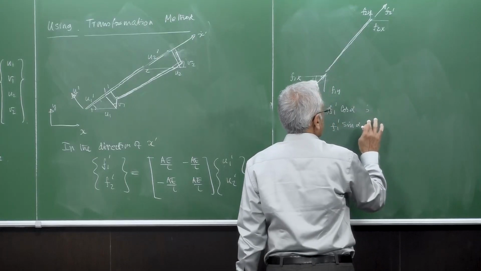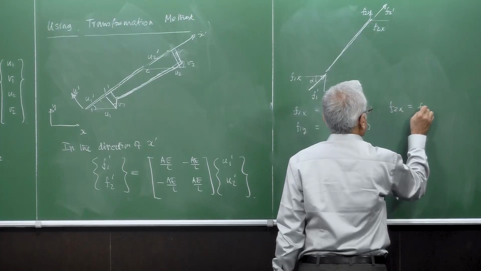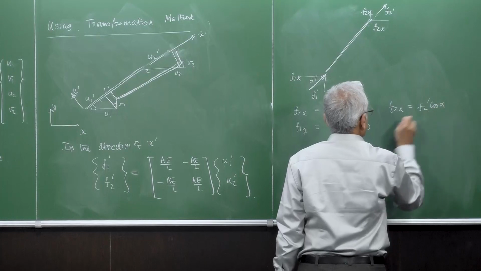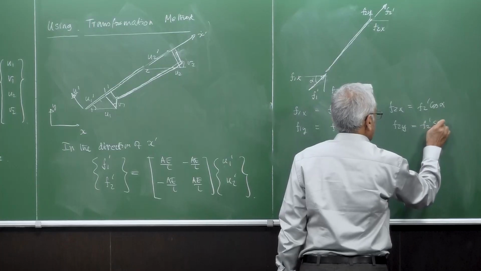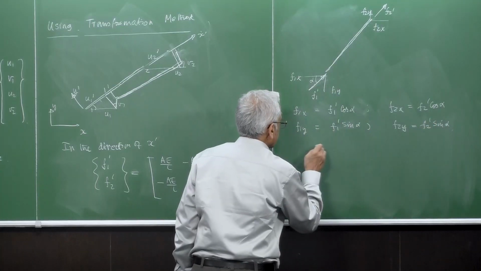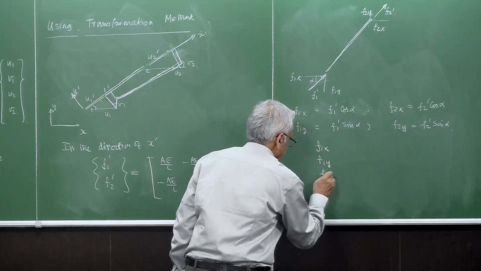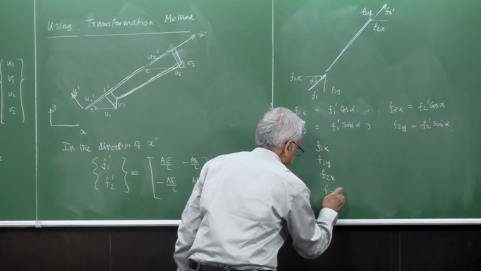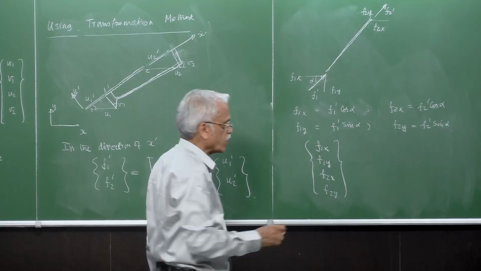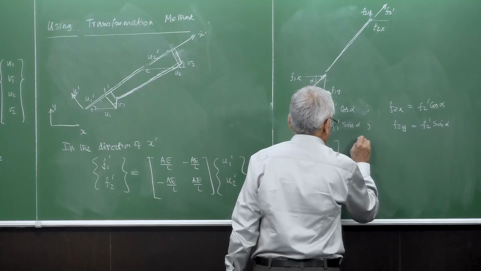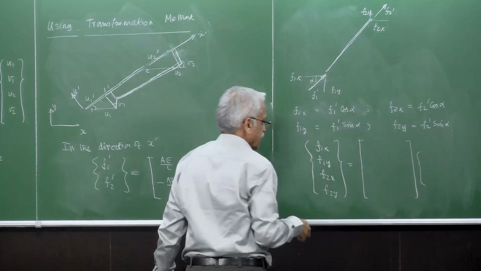And then we can also write f2x as f2 prime cos alpha, and f2y as f2 prime sin alpha. If you write it in the matrix form, this is what we actually need: the four components in the original xy directions.